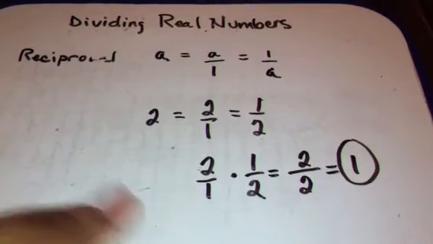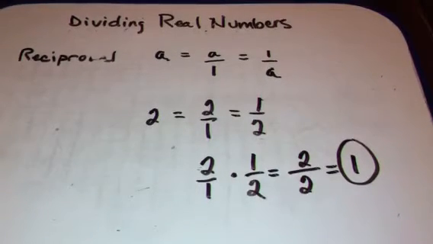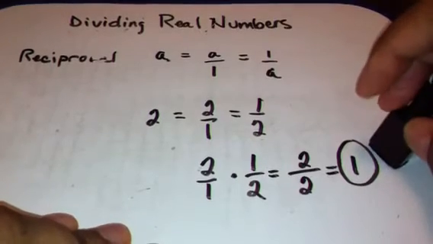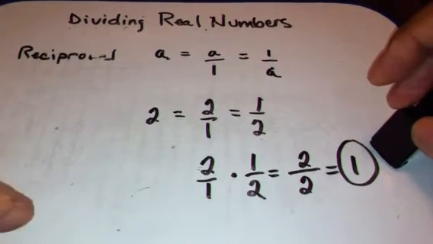Okay. Now, the whole reason why we are learning reciprocals is because of division. Dividing by a number is the same thing as multiplying by the reciprocal of it. So this is one of those concepts where in order to do it, we are going to need to use another mathematical principle.